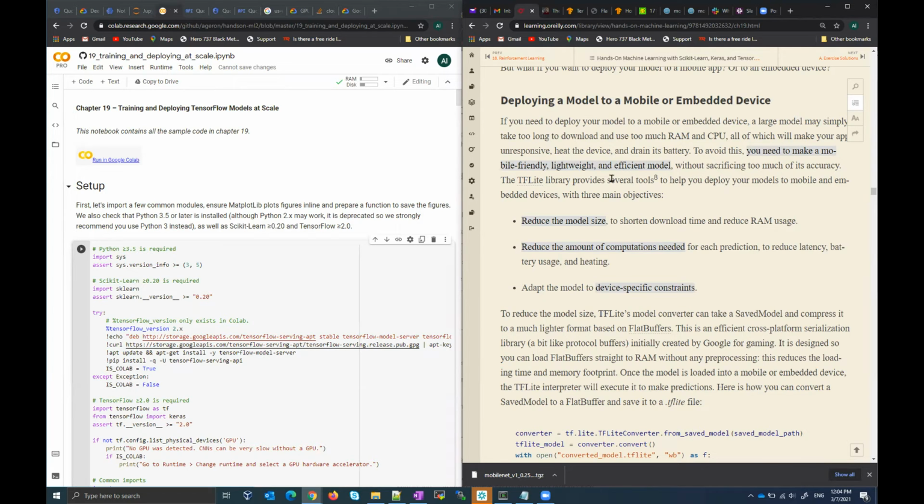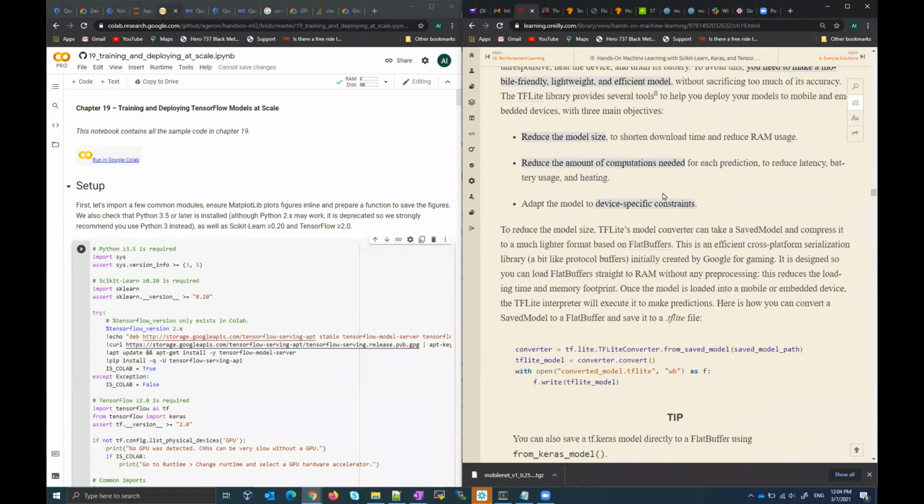And these tools provide several benefits, like reducing the model size and reducing the computation on the device. So this helps to keep the device from getting hot and draining the battery, or being slow. Okay, so this helps to adapt your model to your device, right?